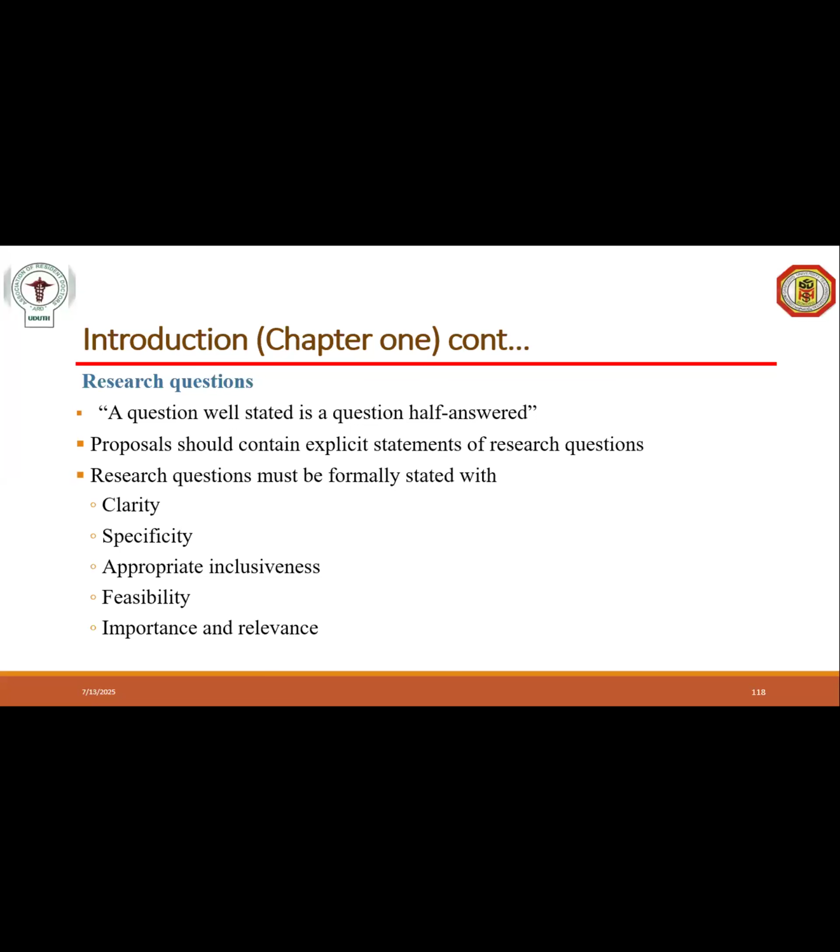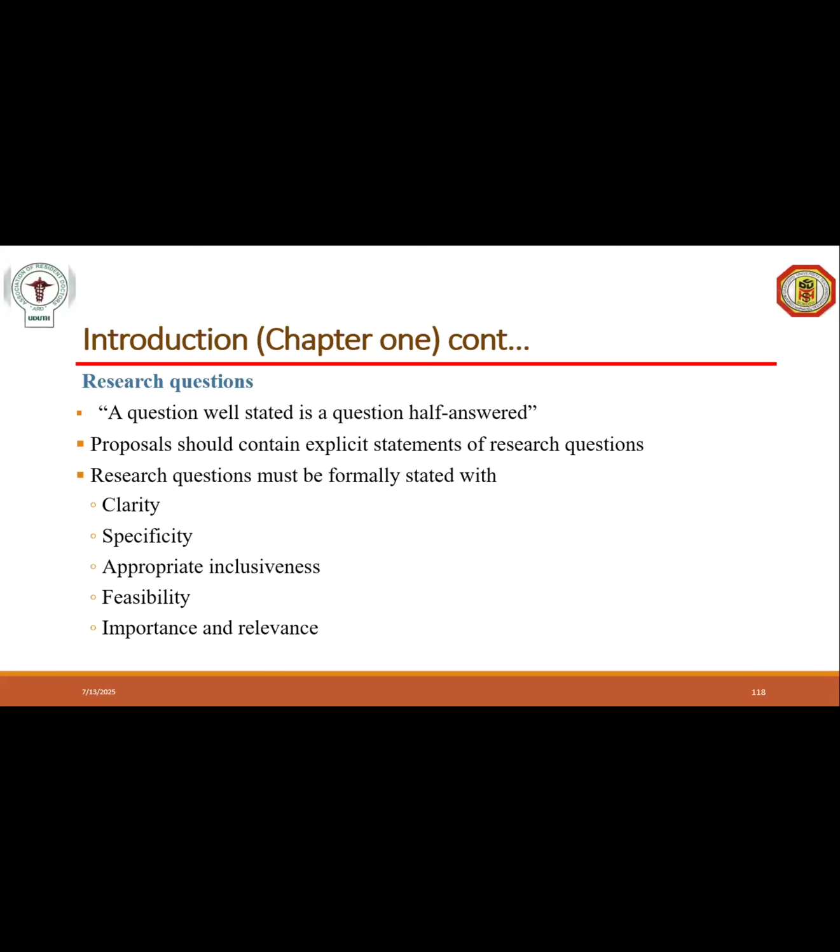For example, if your first objective is to assess the knowledge of primary healthcare workers regarding malaria, the research question of that objective should be, what is the knowledge of primary healthcare workers regarding malaria?